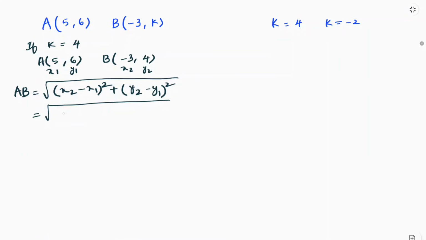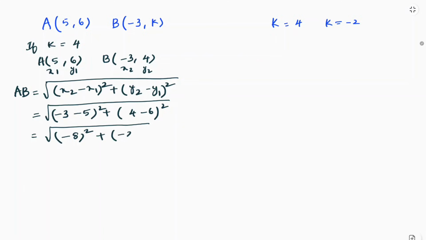Now if I substitute the values, x2 is minus 3, so (minus 3 minus 5) whole square. y2 is 4, so (4 minus 6) whole square. Here minus 3 minus 5 is minus 8 whole square, 4 minus 6 is minus 2 whole square. So minus 8 whole square is 64, minus 2 whole square is 4. So it is root 68 units.